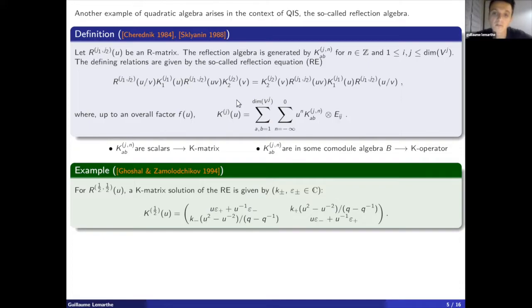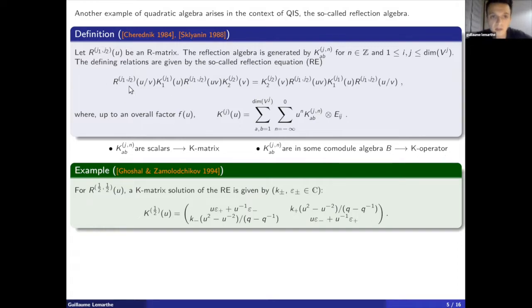So it's a (2j+1) square matrix whose entries are some series in u with coefficients K_ab^{j,n}. These can be either scalars, in which case we talk about K matrices, or elements in the comodule algebra B, and in this case we talk about K operators.